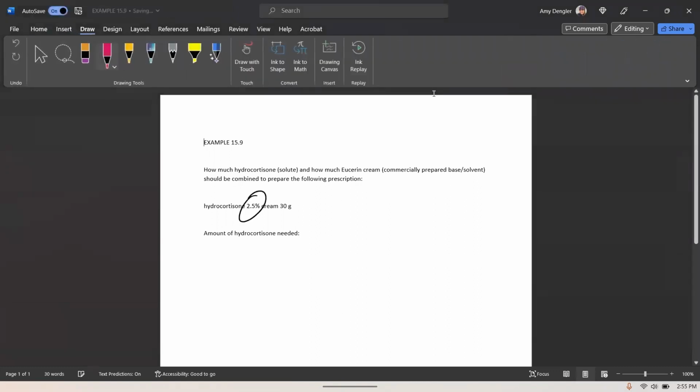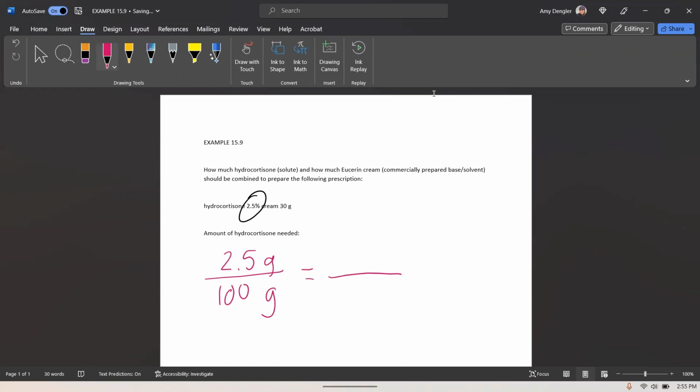So we're going to take that percentage and rewrite it as 2.5 over 100. Now this is working with two weights, so two weighted products. We don't have any liquid, so this is going to be by definition gram over gram, like in chapter 14 when we learned that.